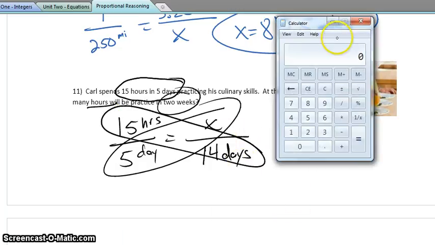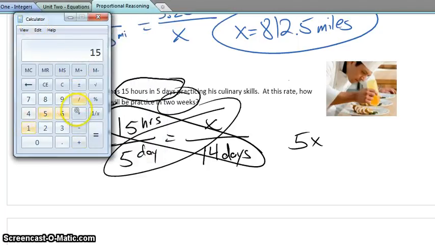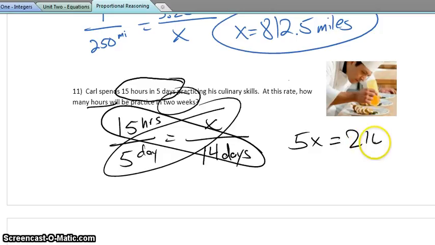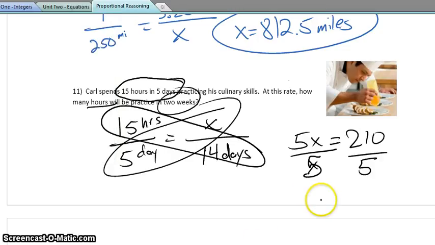Our calculator's our best friend here right now. 15 times 14 equals 210. Don't forget your unit. What am I dividing by? X. Divide by 5. Again, if you don't know or you just want to be certain, use your calculator. X equals 42 hours.